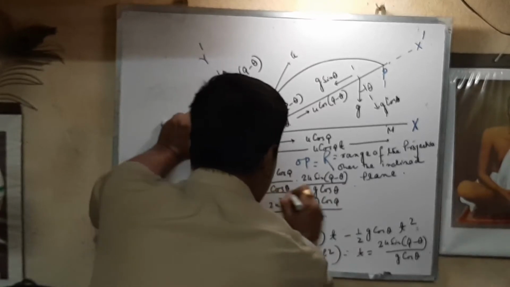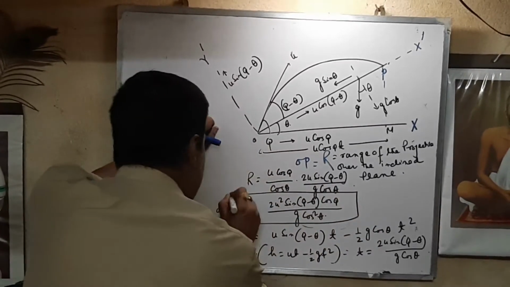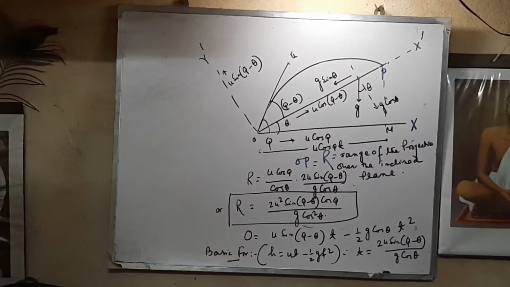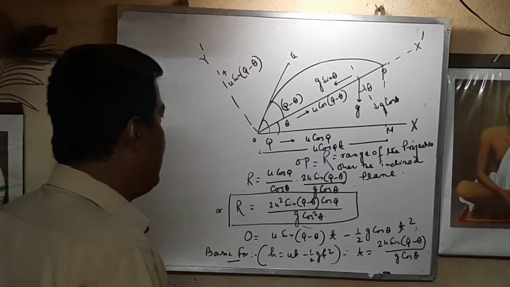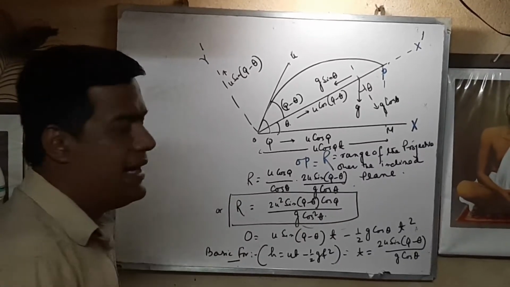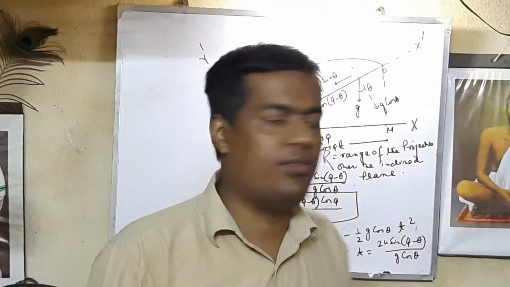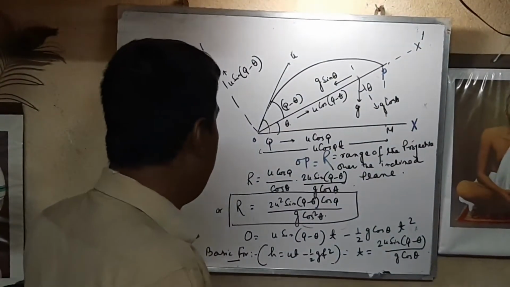A very important formula, which gives the range of the projectile over an inclined plane. The plane is inclined at an angle theta with the horizontal, and the body was projected with some initial velocity u, making an angle phi with the horizontal.